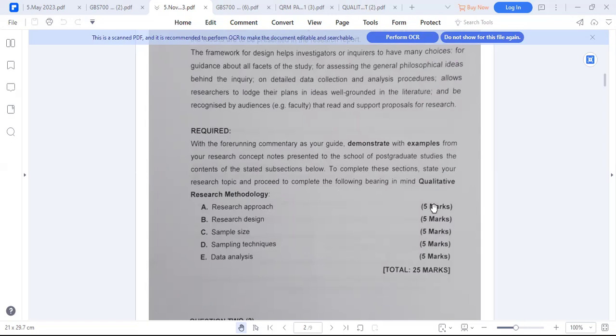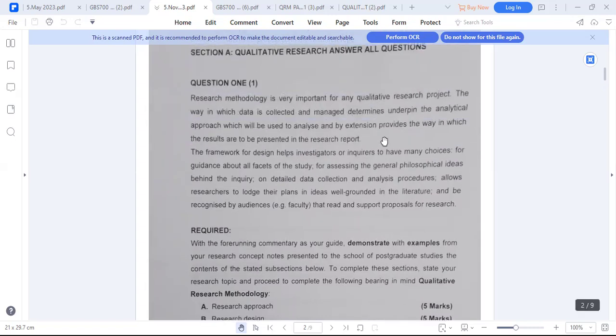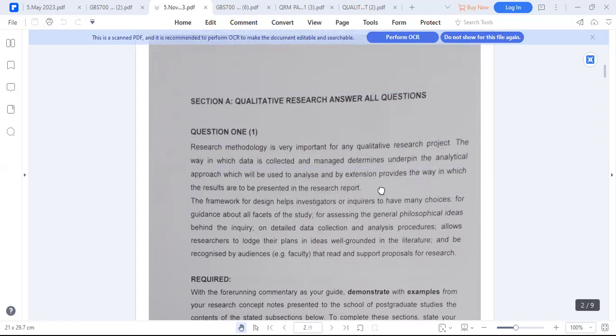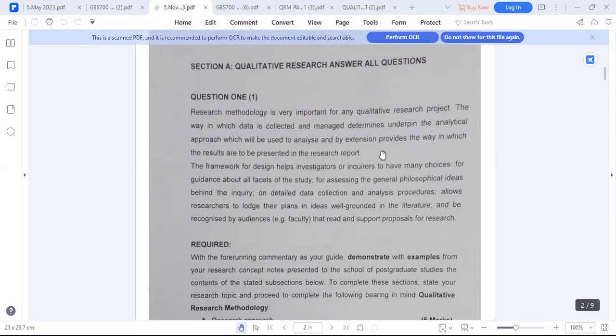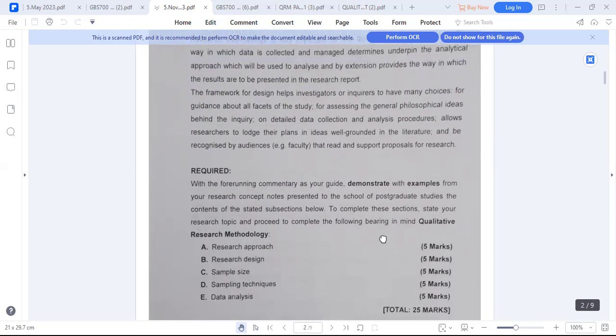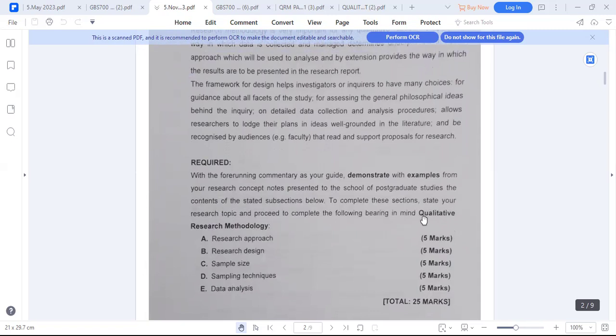So my guide is this: in the qualitative section, even if your research was quantitative, you need to change your perspective to the qualitative approach. So for Dr. Lumbwe, there is no mixed, there is no quantitative, it's a qualitative approach.